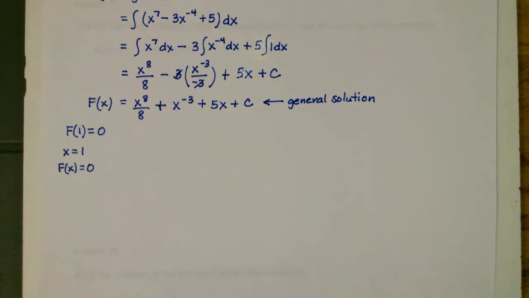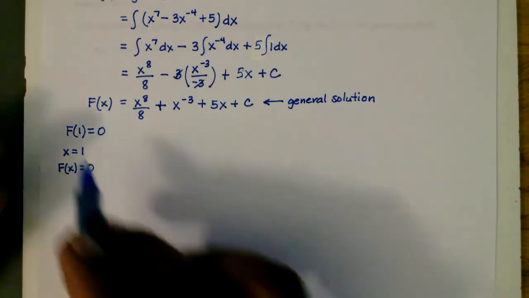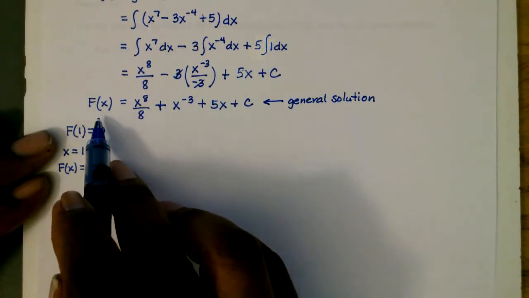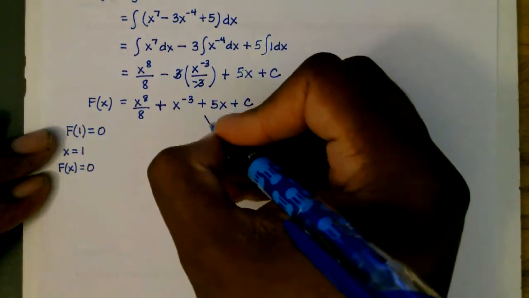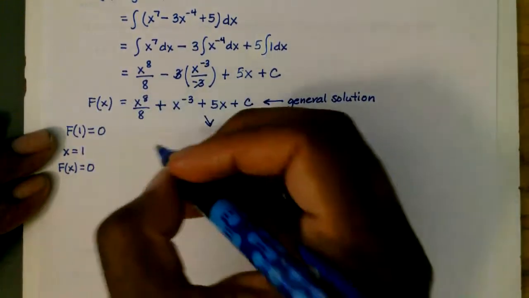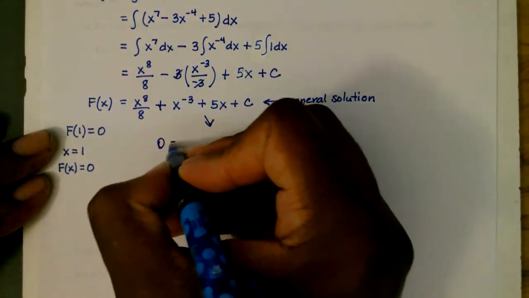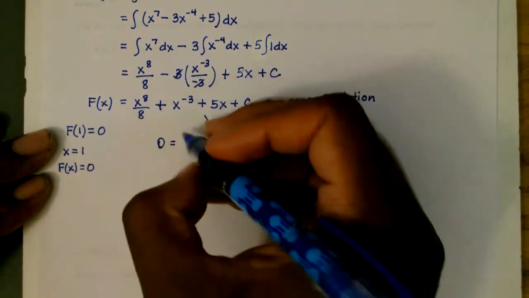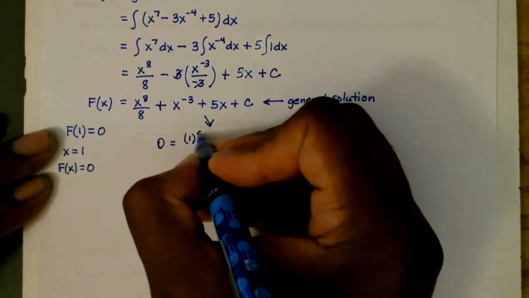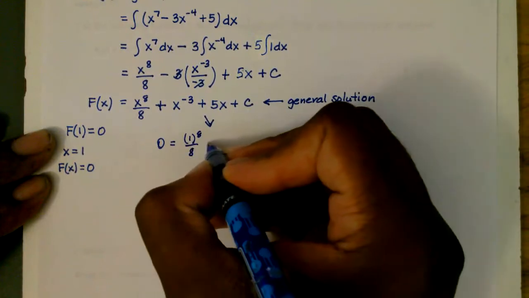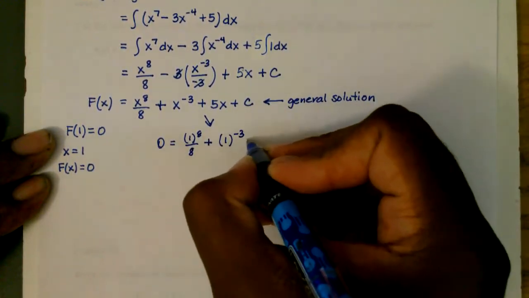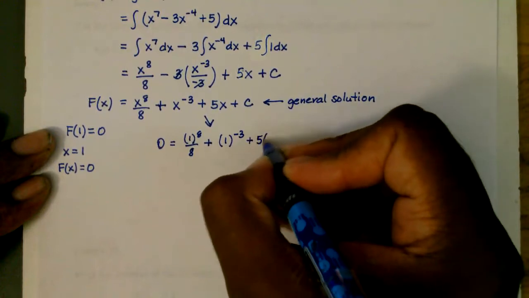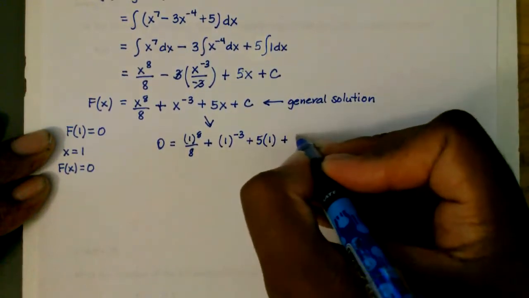So we're going to substitute the F of x with 0 and substitute each and every x with 1. So when I simplify this, F of x will be 0. That's equal to x is going to be 1, so it'll be 1 to the 8th divided by 8 plus 1 to the negative 3rd power plus 5 times 1 plus c.